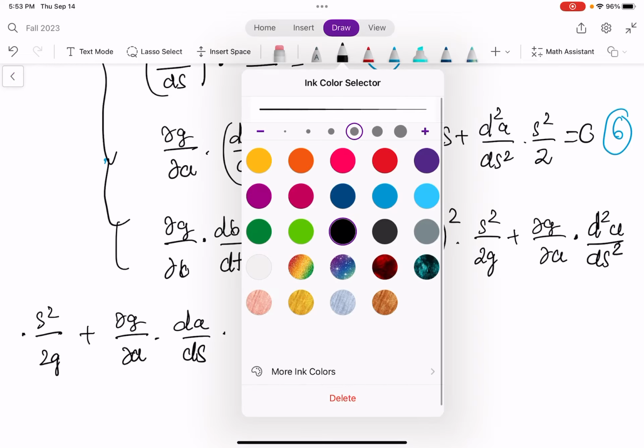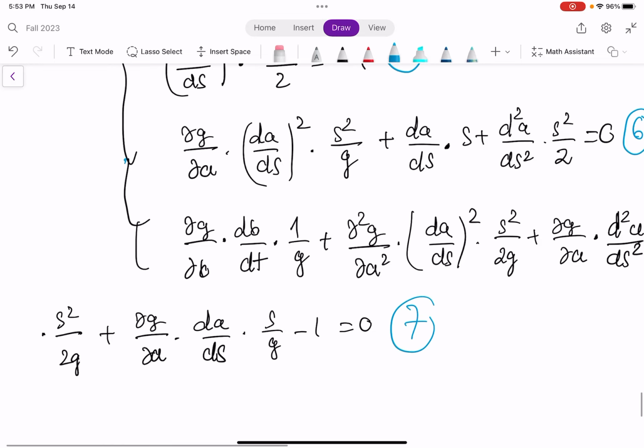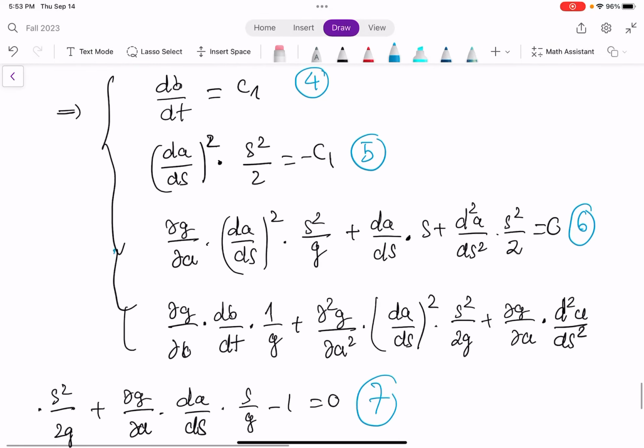And I'll call this equation 7. Okay, so 4, 5, 6, 7.